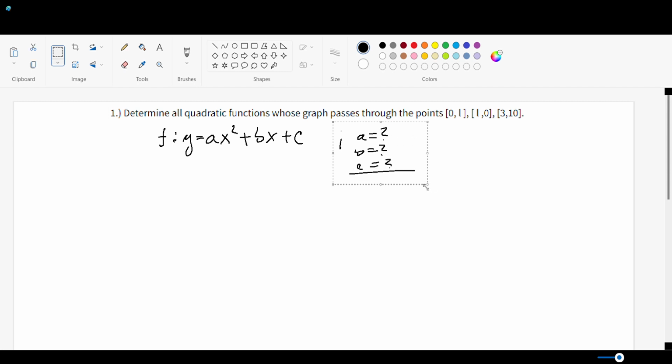So the next thing I want to say about these 3 points: you don't know anything about them, you just know that they are somewhere in the xy plane, and you don't know if any of them is the vertex or an intercept with the x-axis.